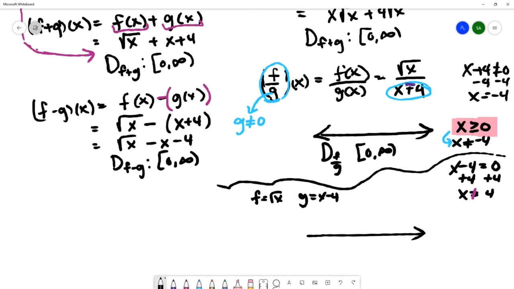So in this hypothetical scenario, our restrictions are that x is greater than or equal to 0 and x cannot equal 4. So if x needs to be greater than or equal to 0 and not equal to 4, we have to exclude 4, but include everything else that's greater than 0.